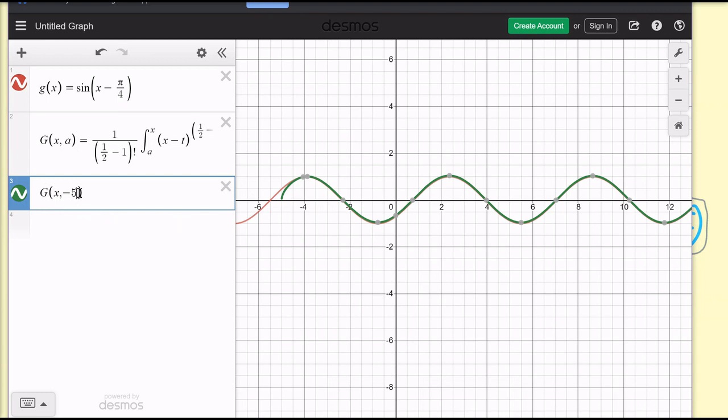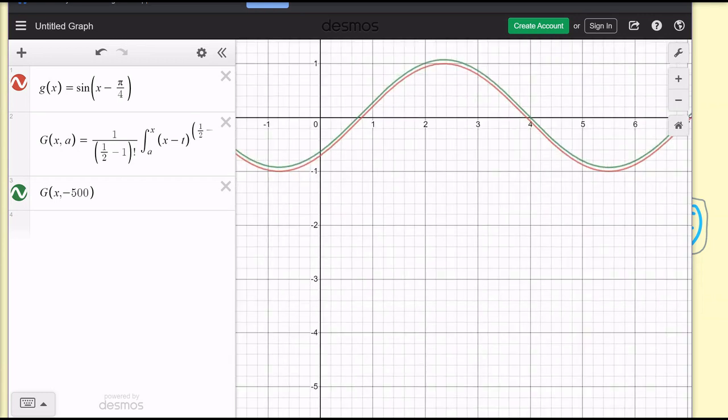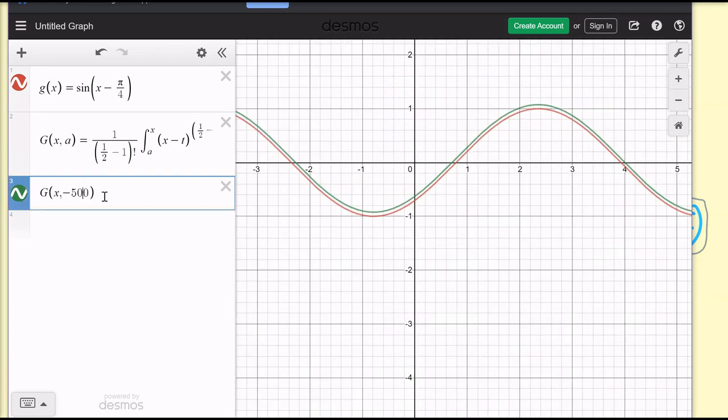So an intuitive move from here is to make this even smaller, or more negative. So as we see, if we make this number smaller and smaller, the discrepancy between these two curves will get smaller and smaller as well, right?